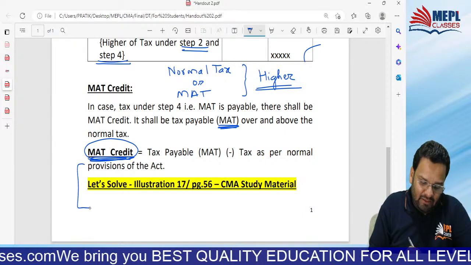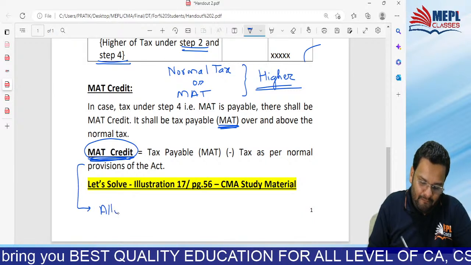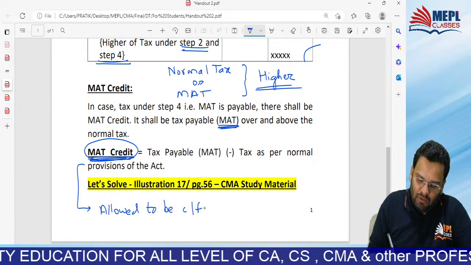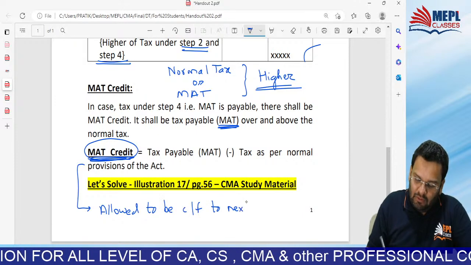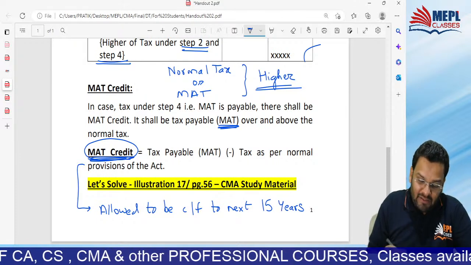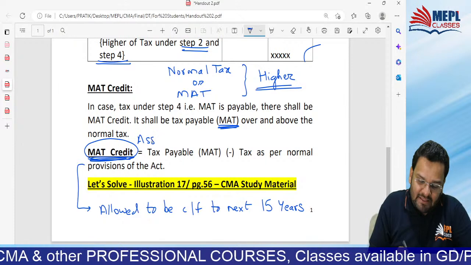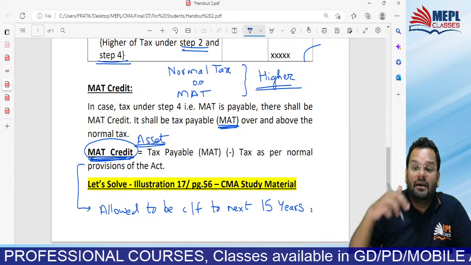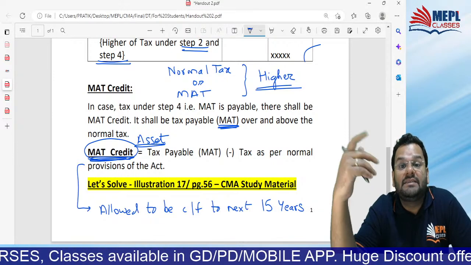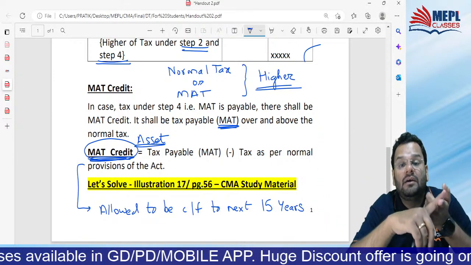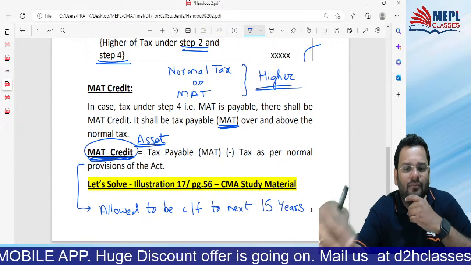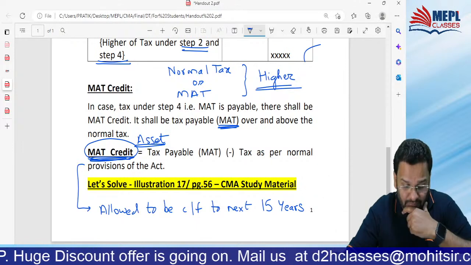That MAT credit is allowed to be carried forward to the next 15 years. This MAT credit is as good as your asset. You can carry forward this asset for the next 15 years and set it off when normal tax is greater than MAT. How exactly to do it, we will see in tomorrow's session.